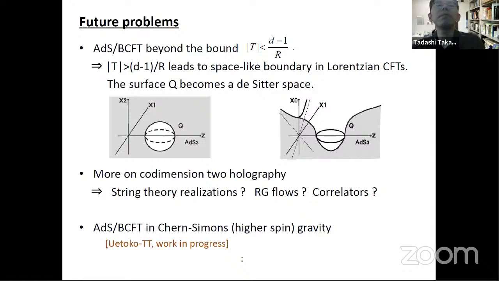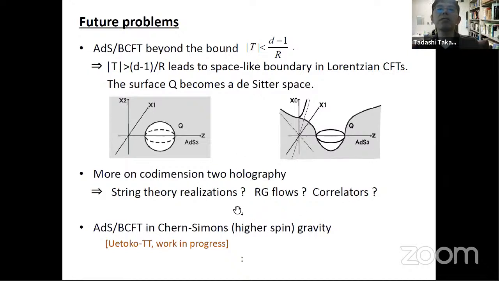In the AdS/BCFT setup, this corresponds to a kind of floating sphere, so we somehow eliminate the inside of the sphere region in AdS. Such a surface satisfies this outside condition, going beyond the bound. With this kind of setup, we can have some bubble creation, giving some new space-like boundary. This is quite an interesting future problem.